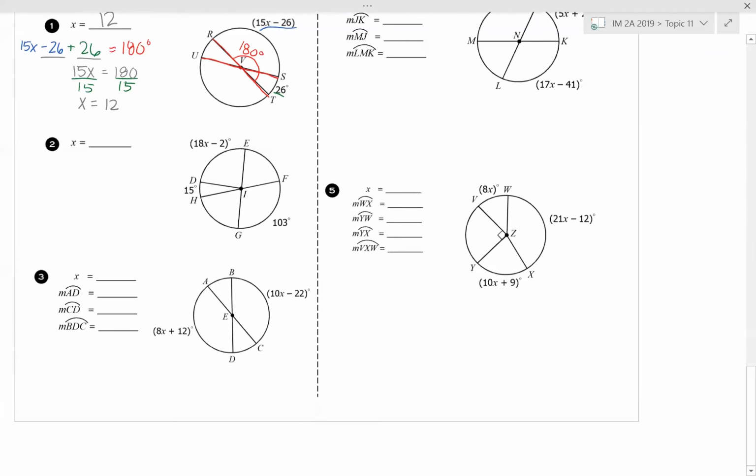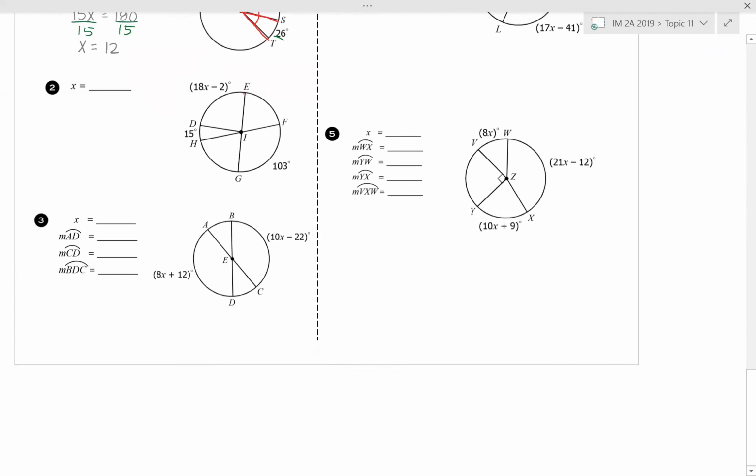Okay, so then for problem 2, notice that EG is a diameter and HF is a diameter. So one thing to know about diameters is they create vertical angles.